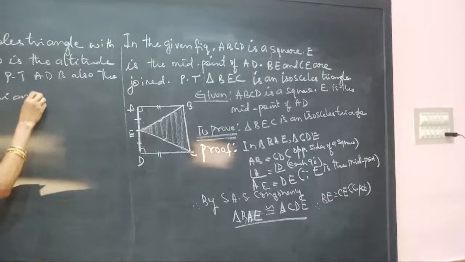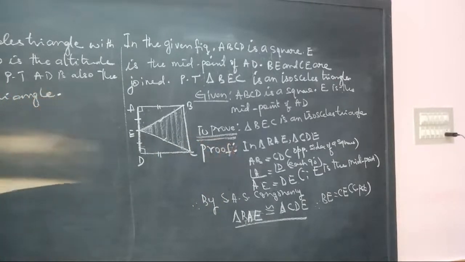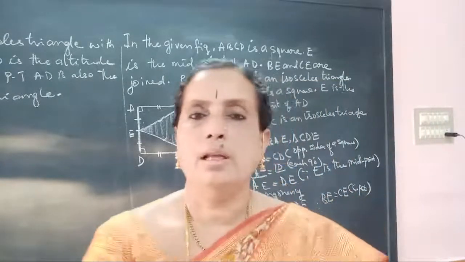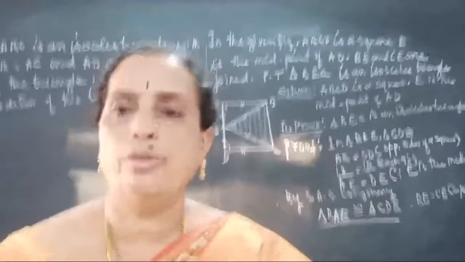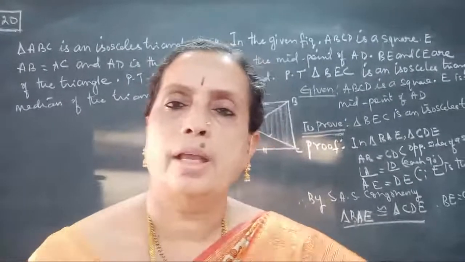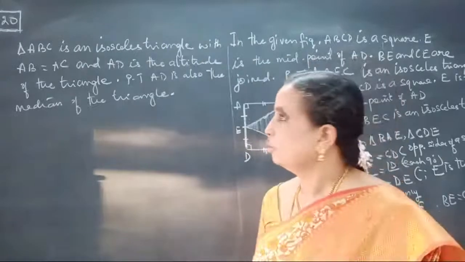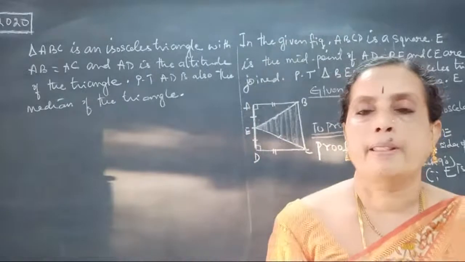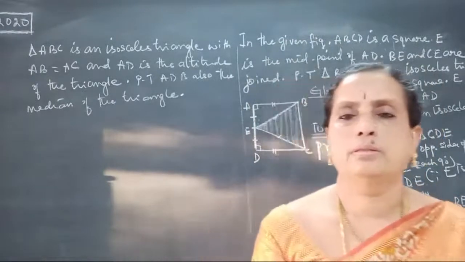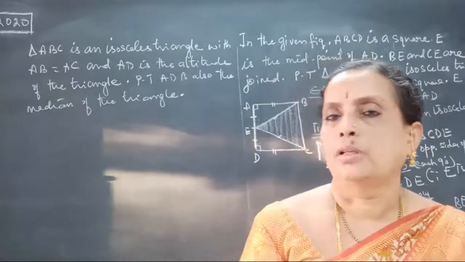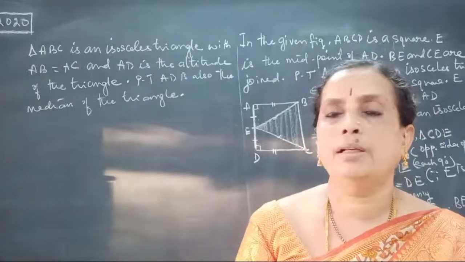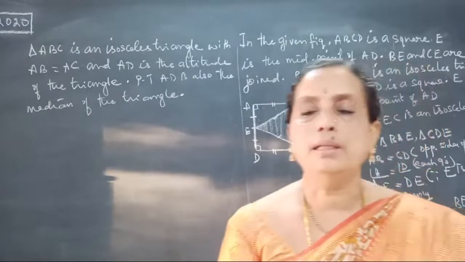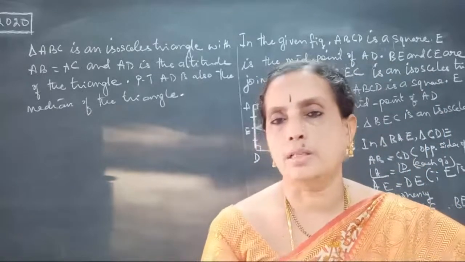In an equilateral triangle and an isosceles triangle, altitude, median, and angle bisectors are one and the same.